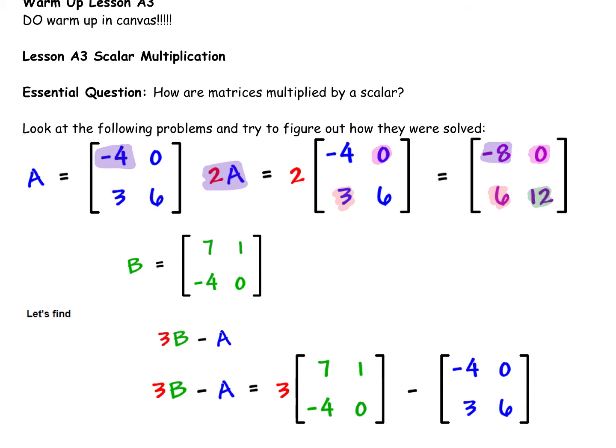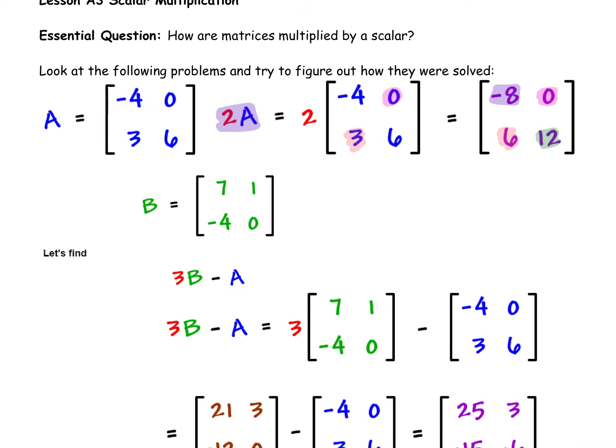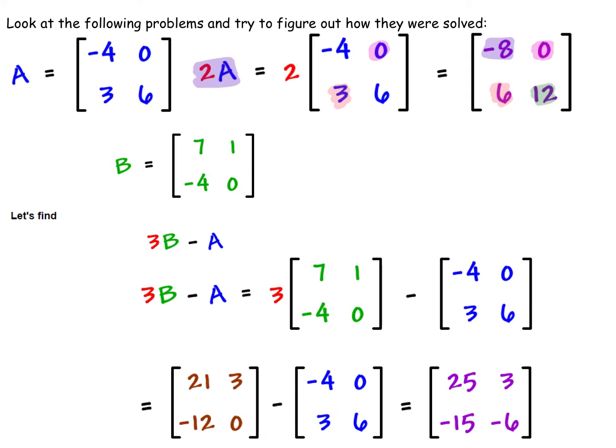So if you look down at the next example, now we've given you another matrix. Now we have matrix A and matrix B. What they want us to do is take 3 times B, and then subtract A from that.